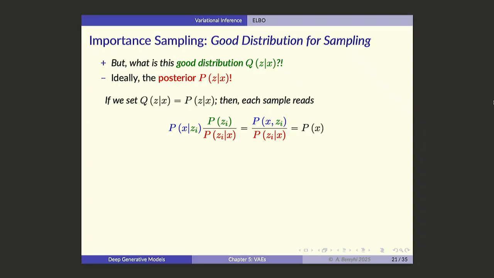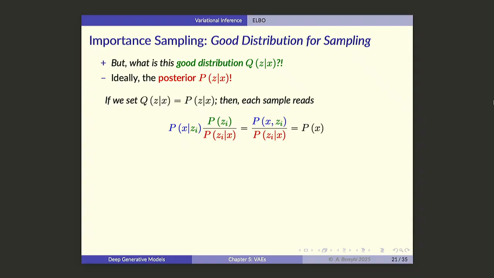If I do importance sampling and I set Q to be exactly my posterior distribution P of z given x, what's going to happen? For every sample that I am computing that expression inside the expectation, for all of them, that expression is P of x.